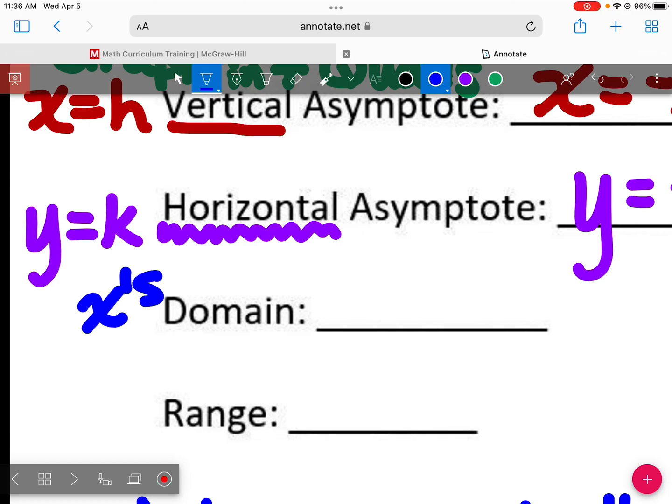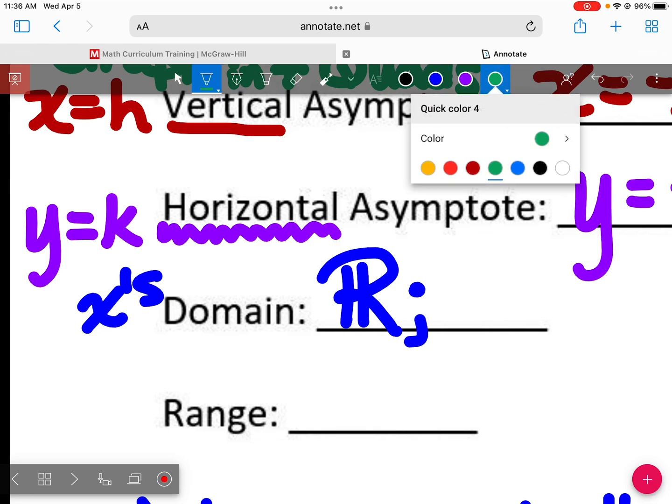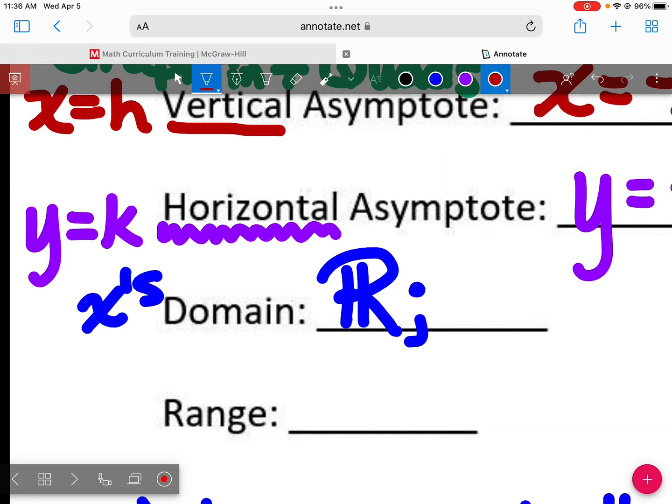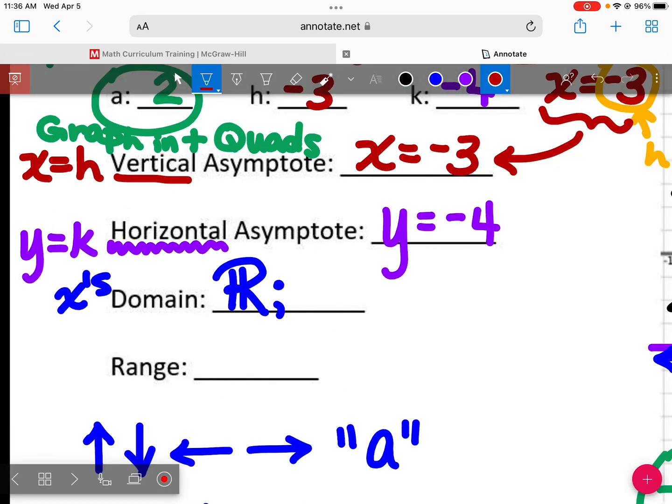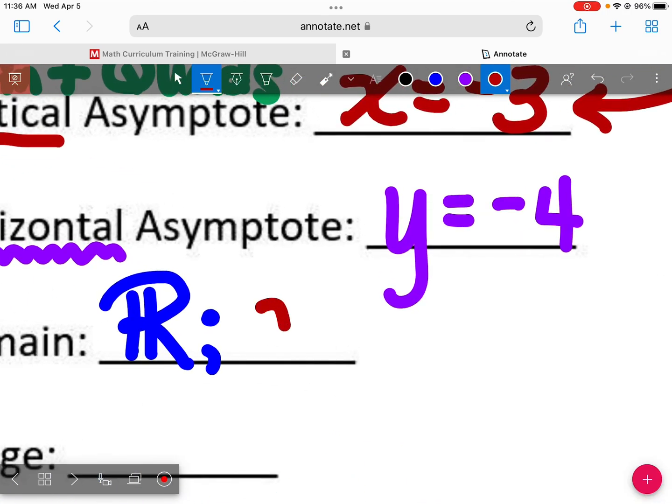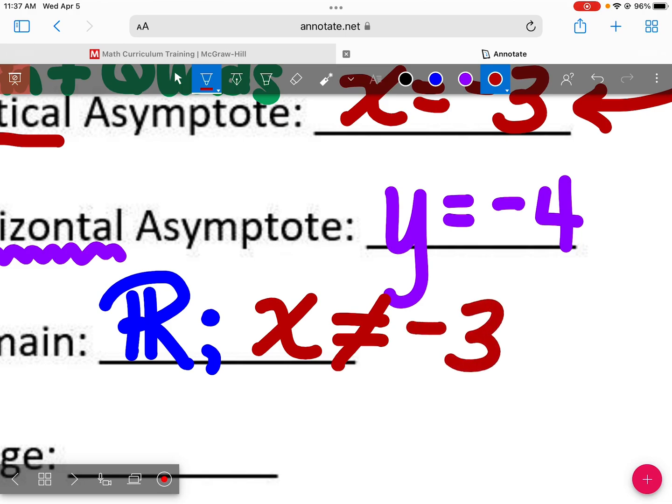My x's are allowed to be anywhere they want to on the graph, all real numbers, except where my asymptote is. Where is my vertical asymptote? -3. So x is not allowed to be -3. Wherever this asymptote is, that's what x is not allowed to be.